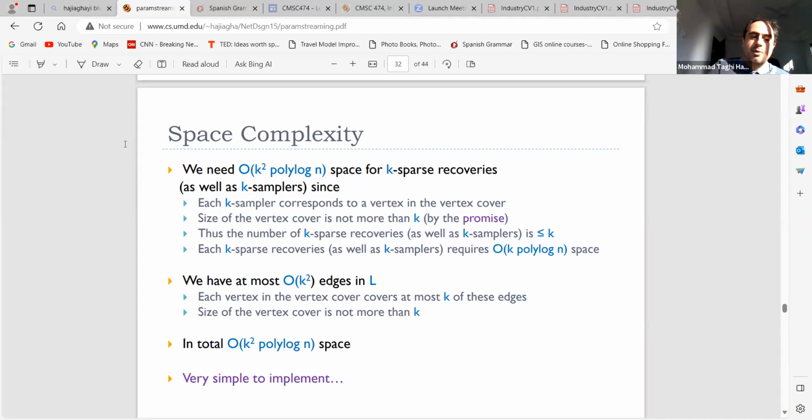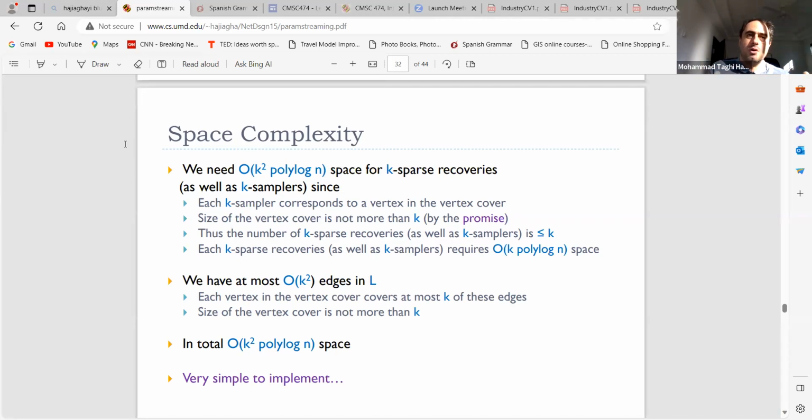Also, we have at most order k squared edges in L, because each vertex in L should cover at most k edges. Otherwise, it would correspond to a k sampler. And we also know this vertex should be part of the vertex cover.